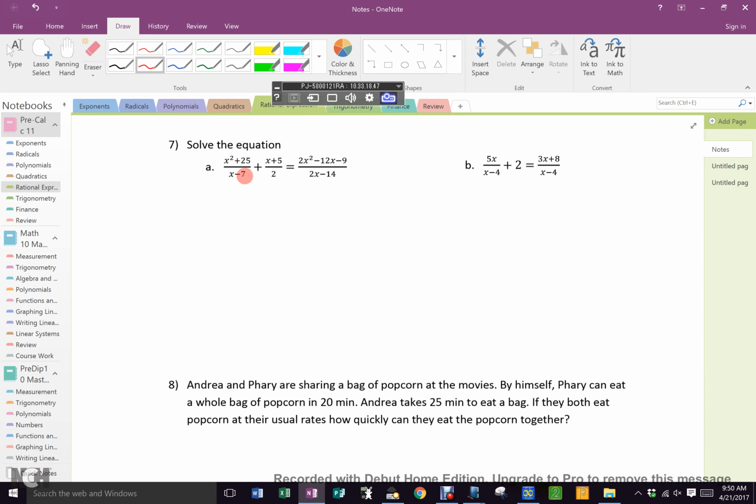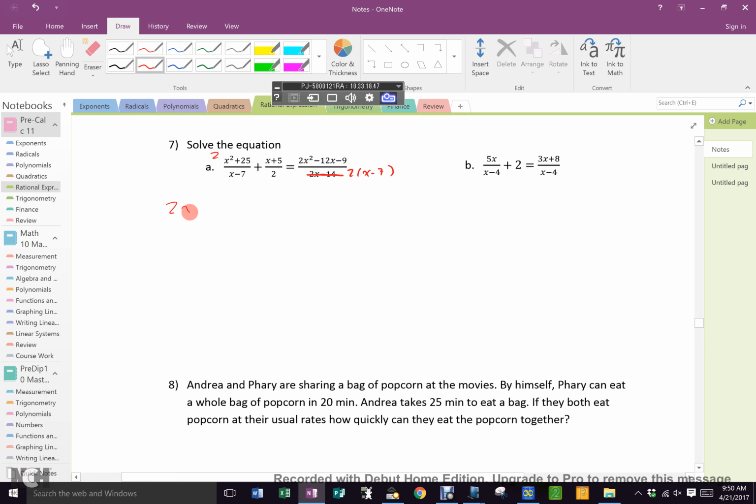Okay. Solve the equation. Now, guys, when we solve an equation, we have to do everything we've been doing all the way along, and then we throw out the denominator, right? So first thing we got to do is check our denominator. We got to factor. Right there becomes 2x minus 7, yes? So that's my common denominator, right? So what does this guy need? 2.